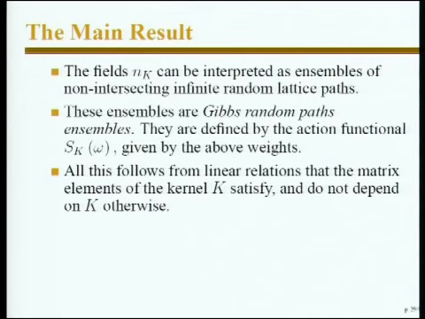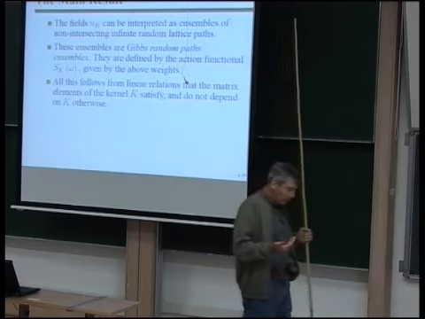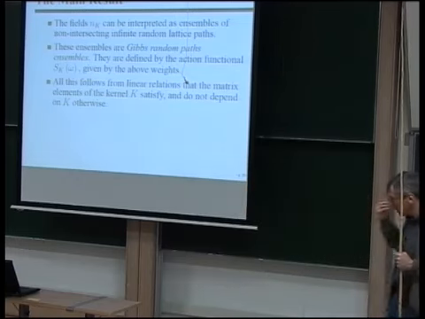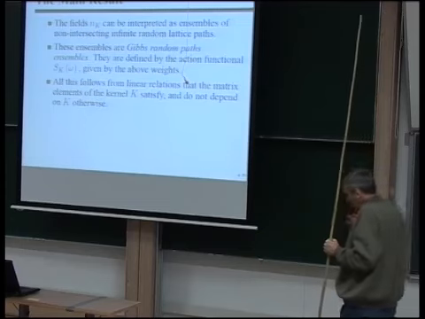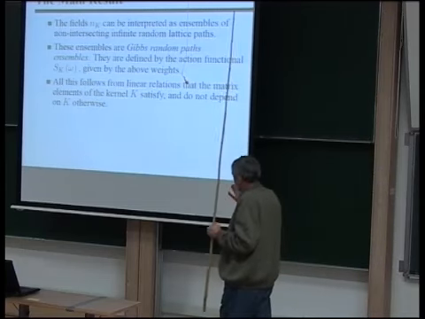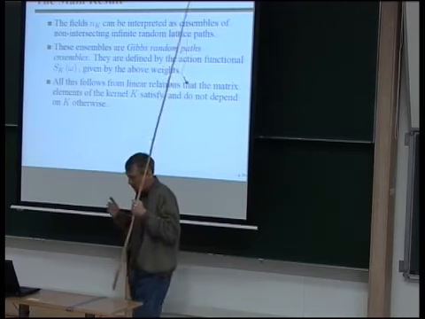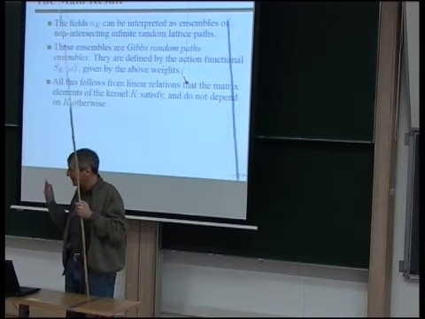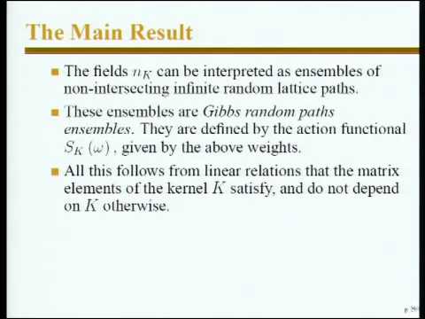Once you know that the kernel defines the probability distribution, which is hard to check, the linear relations that you need in order for the theorem to hold are not hard to check. And once those linear relations hold, then the rest of that statement follows. And those kernels that I have shown you do have that property.